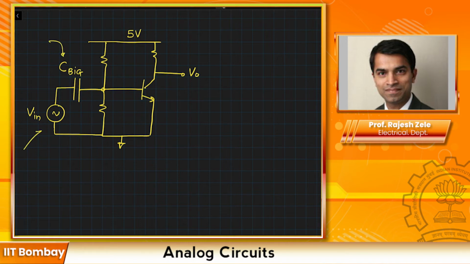Generally this Vin will be coming in from the previous circuit, which is going to drive our amplifier. The capacitor C big helps in isolating the DC operating point of each circuit, removing loading of one circuit on the following circuit in terms of DC operating point. However, from the AC point of view, this C big can be looked at as a short. We choose C big based on the frequency of operation of the circuit.